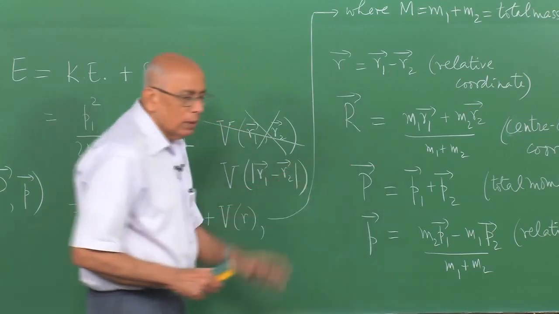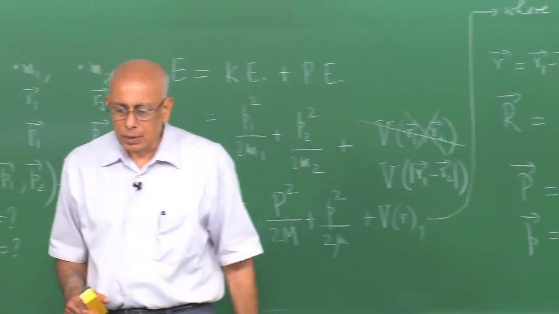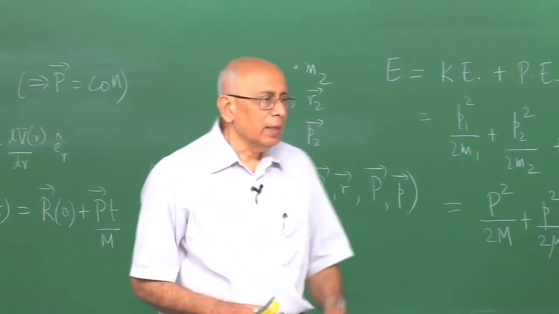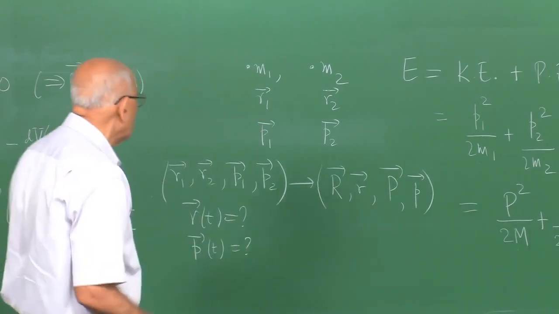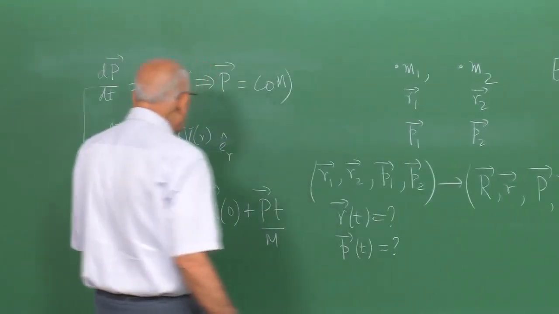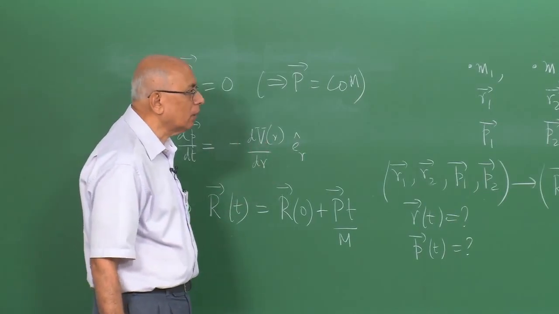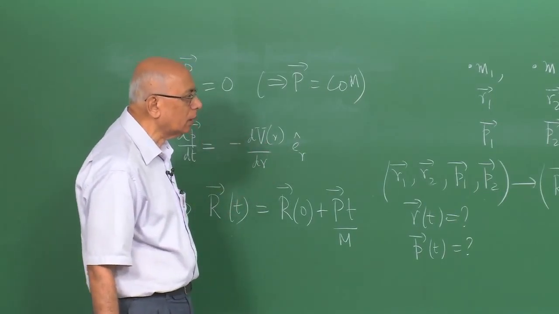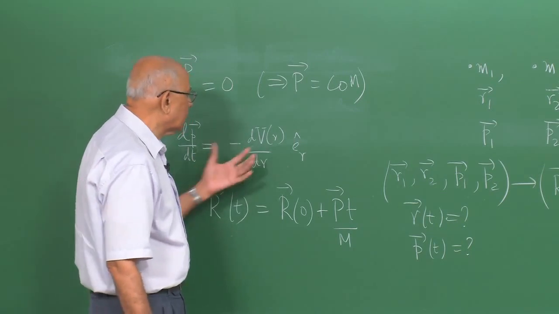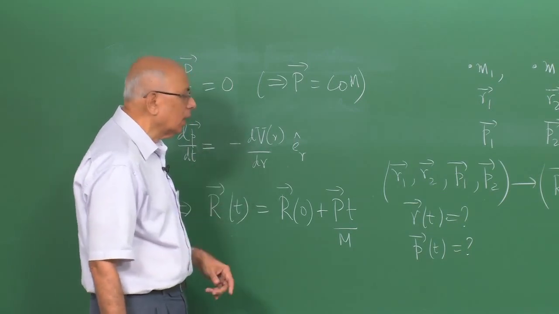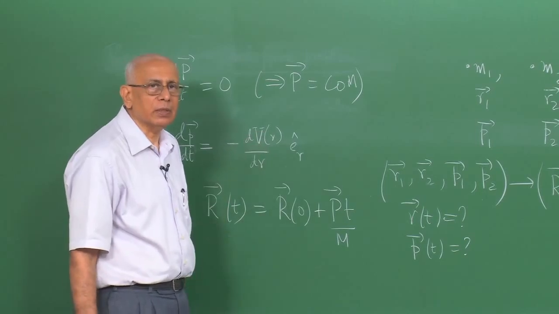So this is how a general two-body problem, a central force two-body problem, gets reduced to an effective one-body problem moving in a certain potential V of r, a specified potential, from which we can find the equations of motion, this equation of motion, and attempt to solve it.